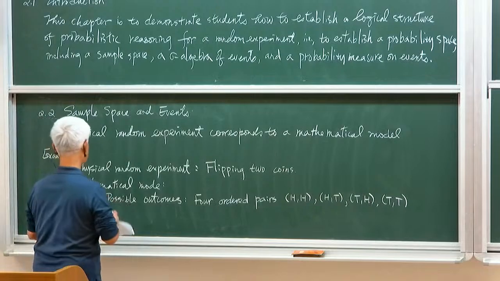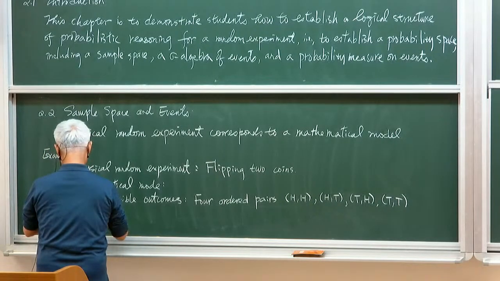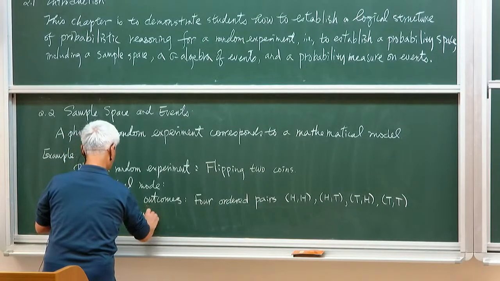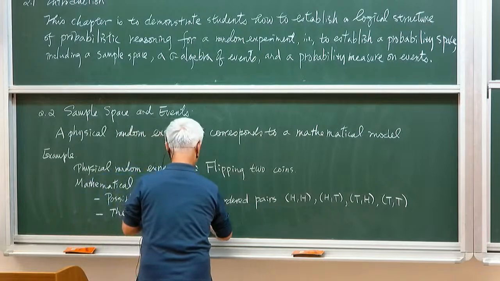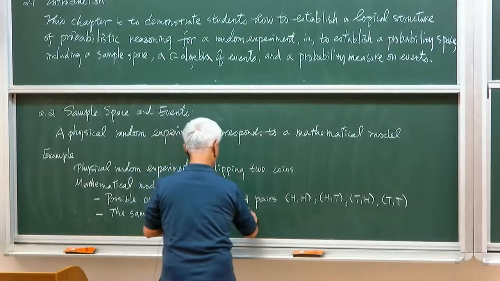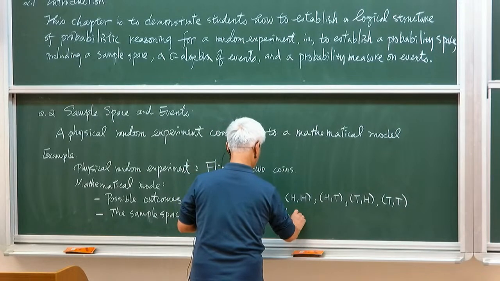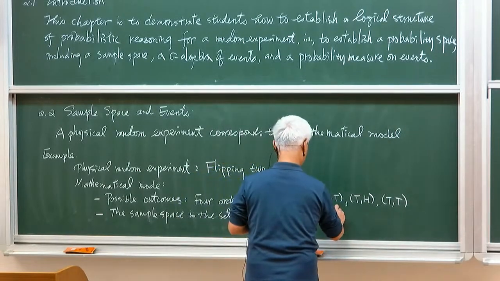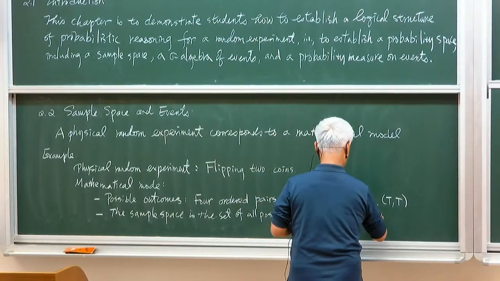Now, what is a sample space? The sample space is the set of all possible outcomes in a random experiment.